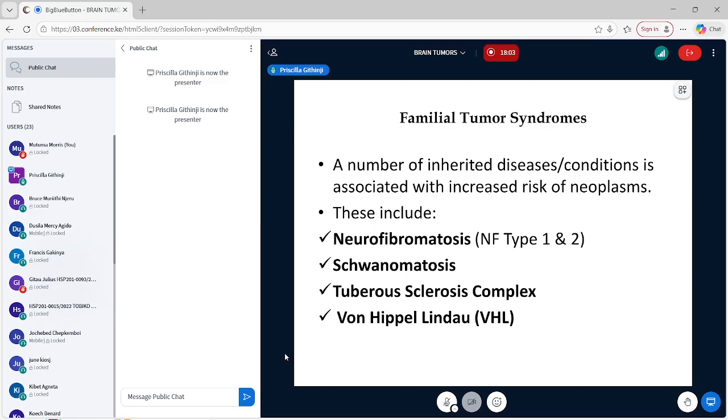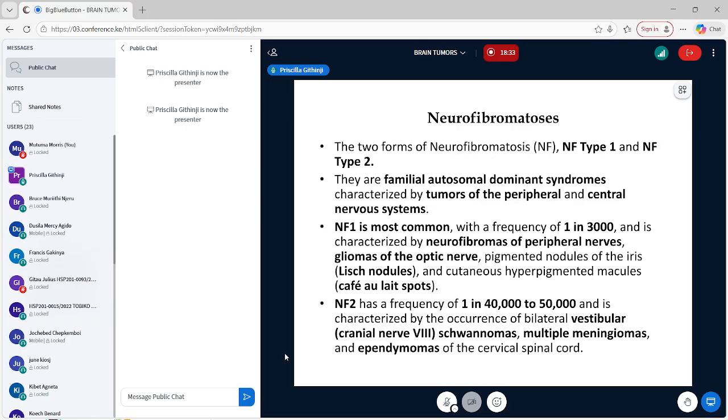Then we talked about diseases or conditions that are associated with an increased risk of neoplasms. Here we've talked about neurofibromatosis. We've mentioned it, for example, with your meningioma, with your ependymomas. We have your schwannomatosis, your tuberous sclerosis complex, and your von Hippel-Lindau syndrome.